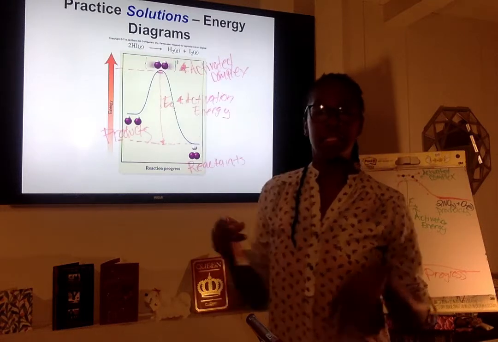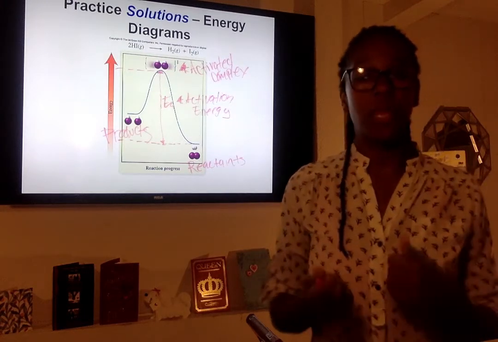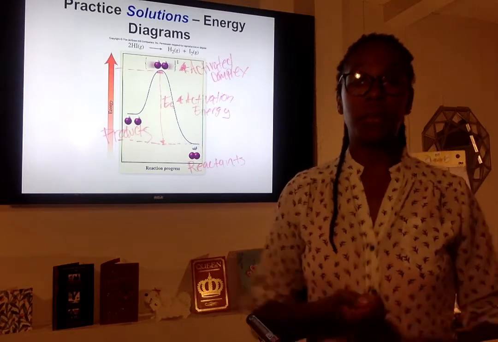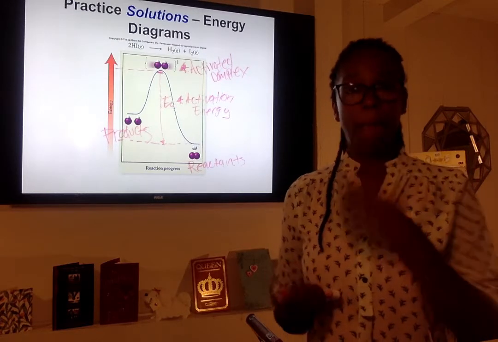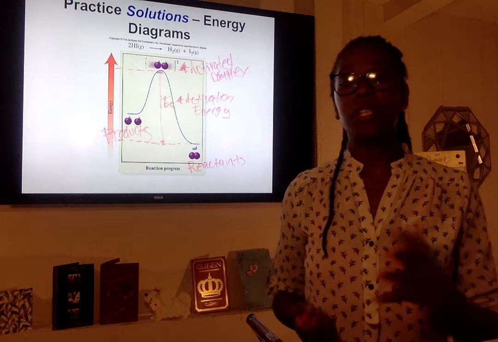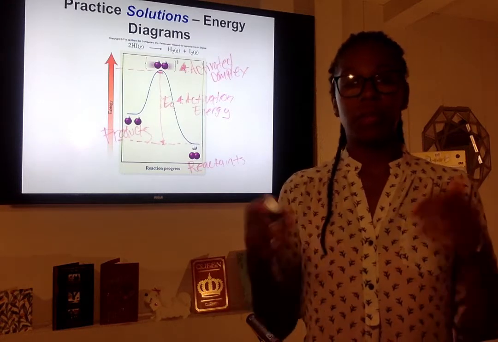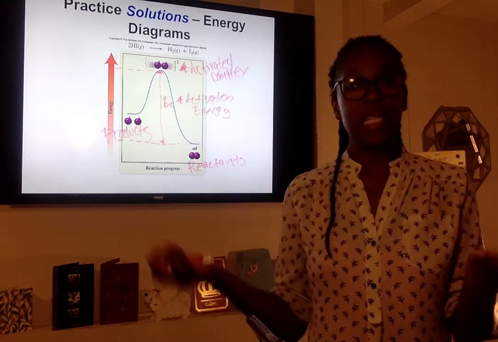Well, this is a decomposition reaction. In a decomposition reaction, what kind of energy change do you think that would be? Would it be releasing energy, or requiring energy to break something down? It's releasing energy, right?